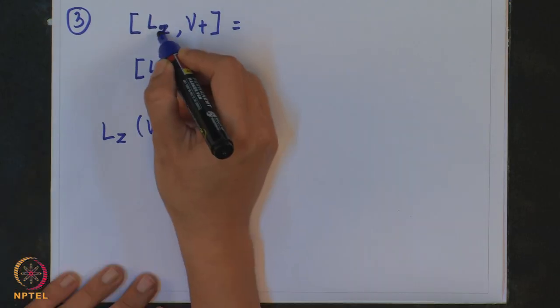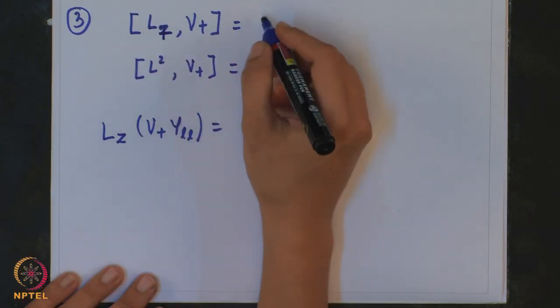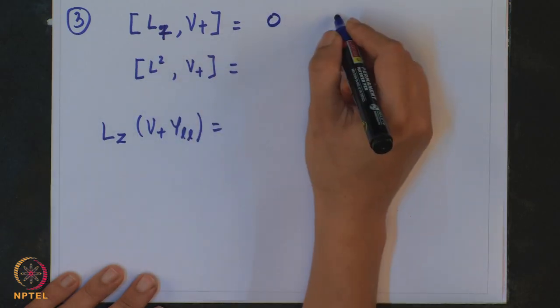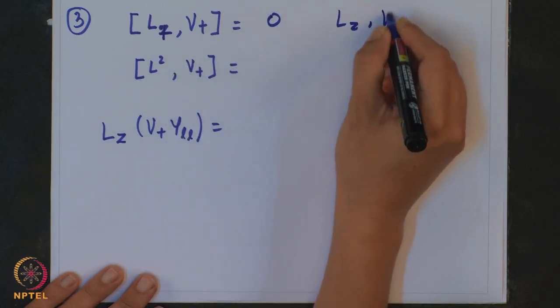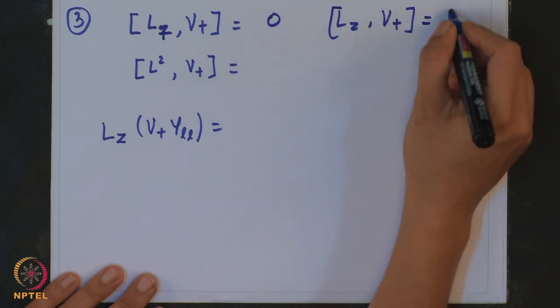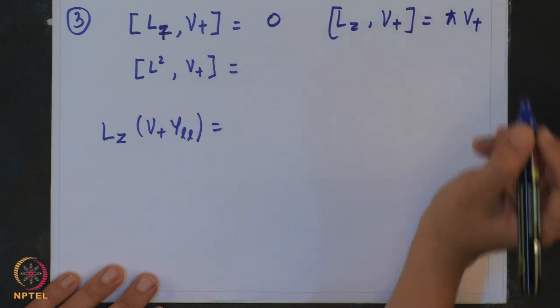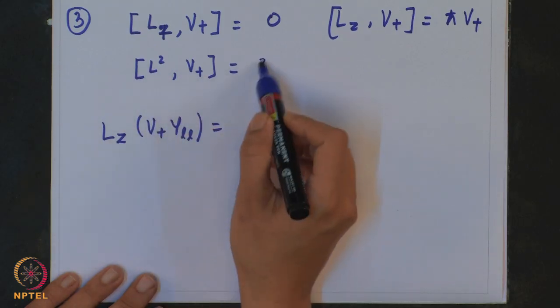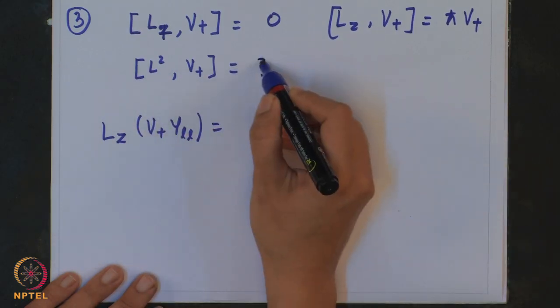Here it is L plus V plus is 0, and Lz V plus is H cross V plus. And this you have to tell me what do you expect.